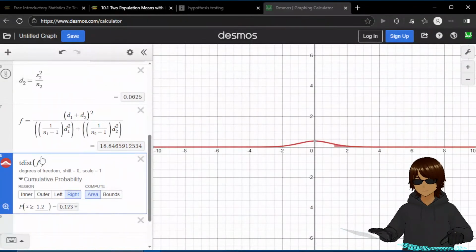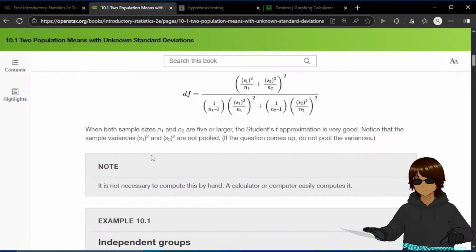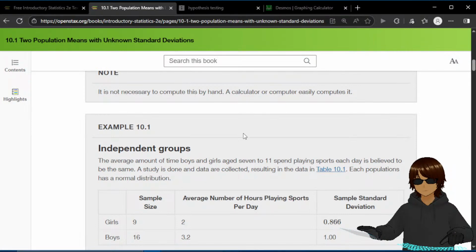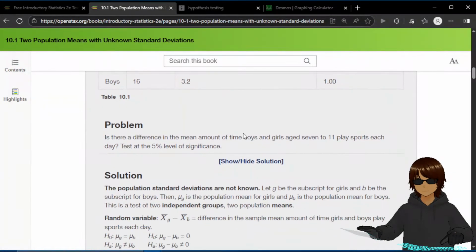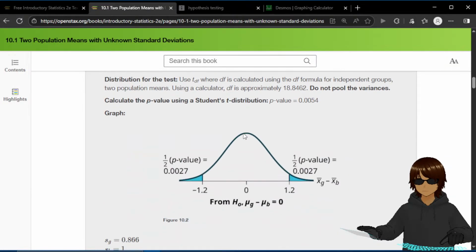I have to do degrees of freedom minus 1, right? 1.2 and minus 1.2, 0.0054.